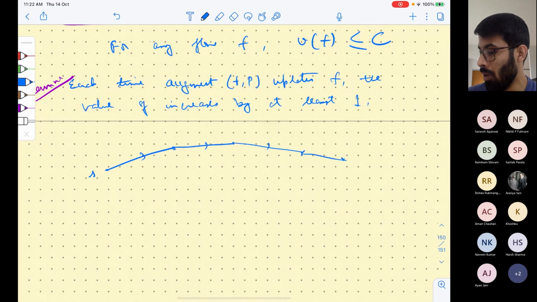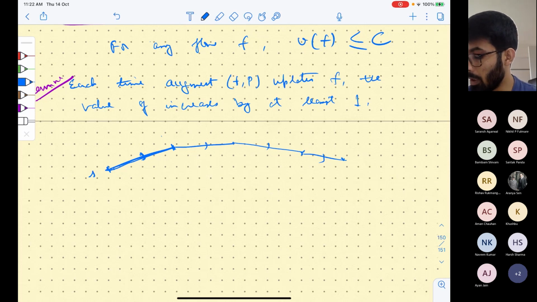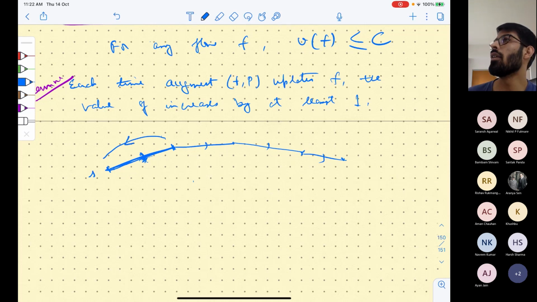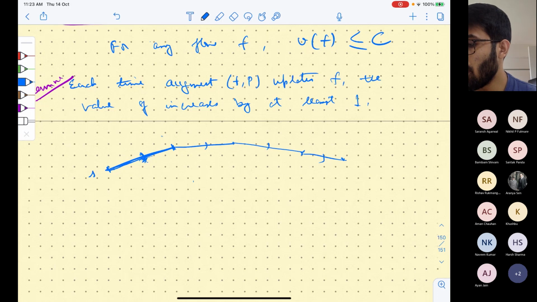So look at the first edge E out of S. This one cannot be a backward edge, because you can't push back on it.